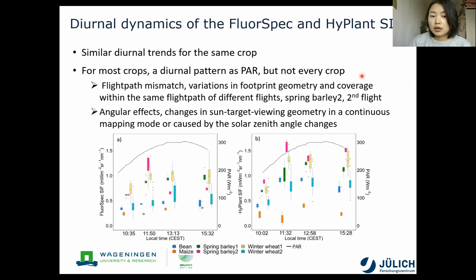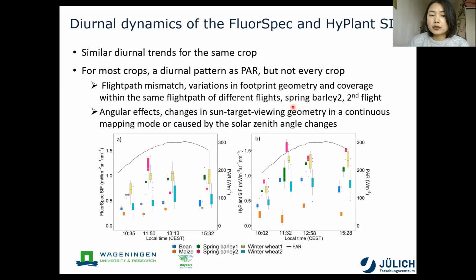There are two reasons. The first one is flight path mismatch, and the second one is angular effect, which we have already explained in the previous slides. The flight path mismatch would result in variations in footprint geometry and coverage within the same flight path for different flights.